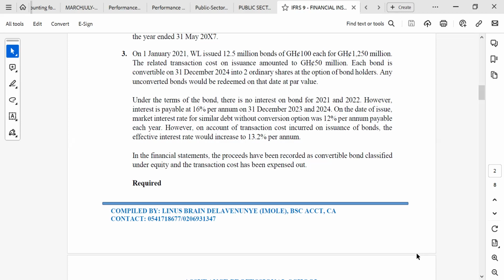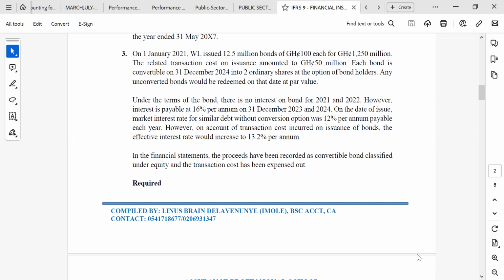They are saying that under the terms of the bond, there's no interest on the bond for 2021 and 2022. So it means that we are going to be receiving interest payment only two times, isn't it? That would be for year 3 and year 4.